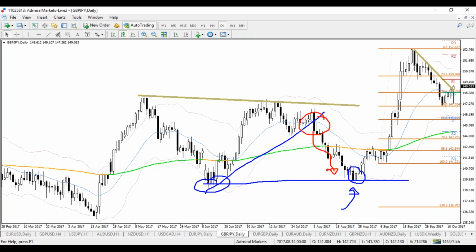They give info about the continuation of a swing, whether it's corrective or impulsive, and the end of a swing through candlestick patterns. So really a lot of useful information we can get from that, and it's really the decisive factor in what price is doing.